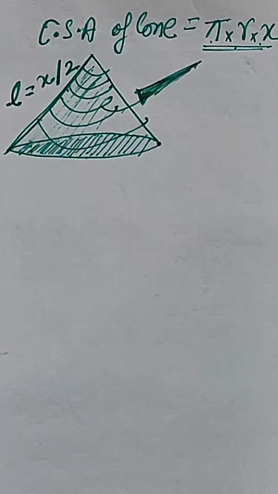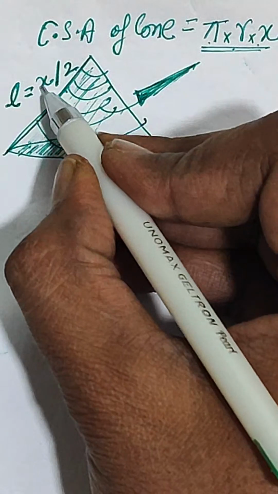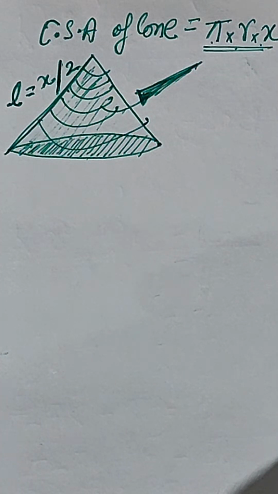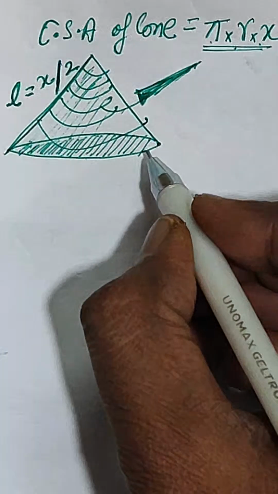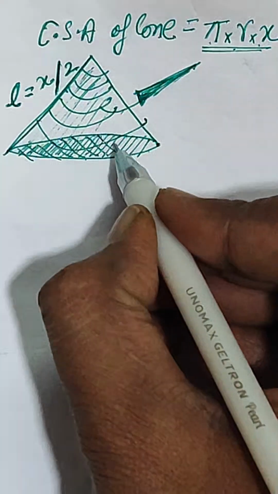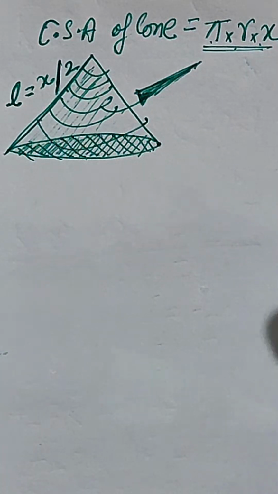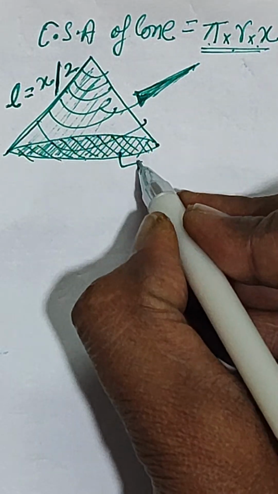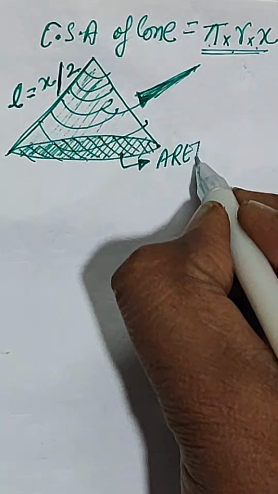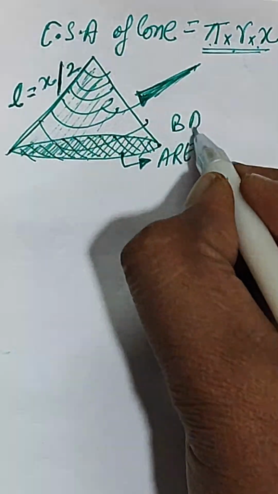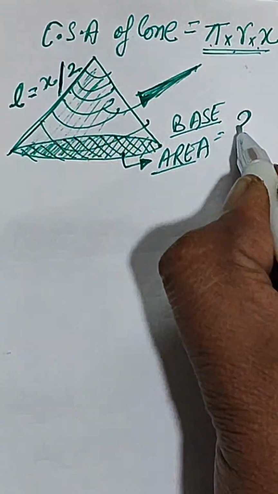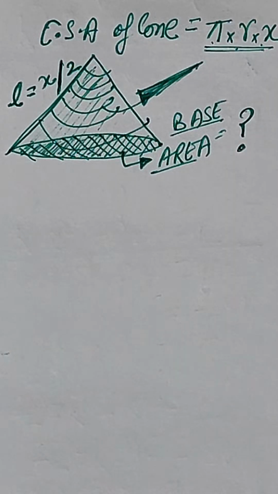L is equal to x by 2, right? The slanting height. Then the area of its base is being asked. The base which I explained is the part touching the ground. The area of the base has been asked in the question. Base area is what?